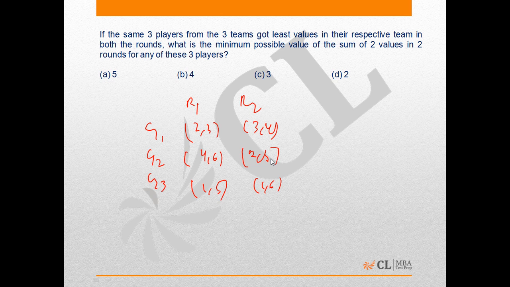Here we have to find the minimum possible value of the sum of two values in round 2 for any of these three players.